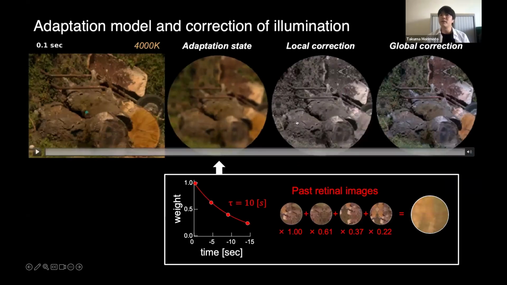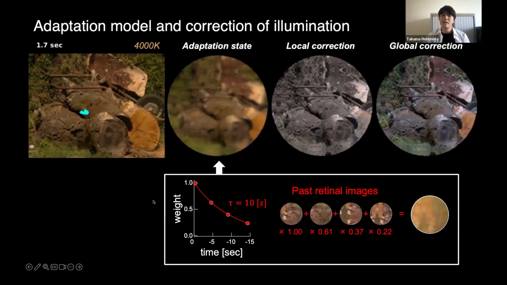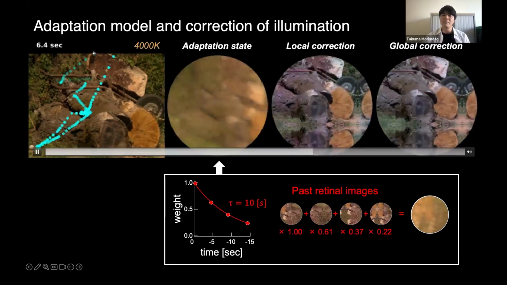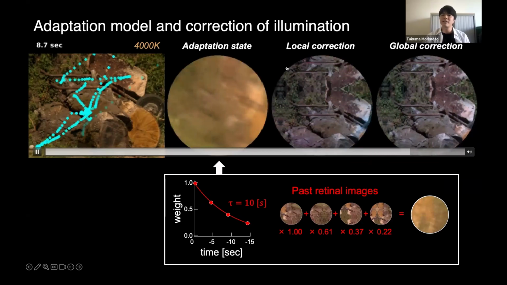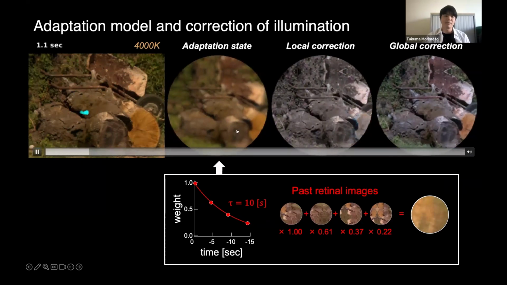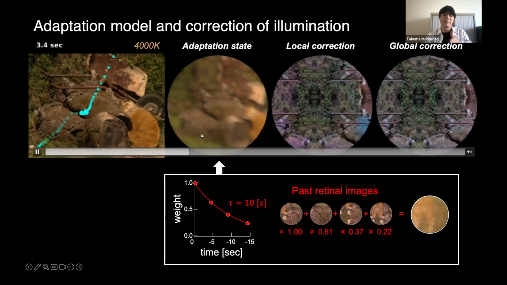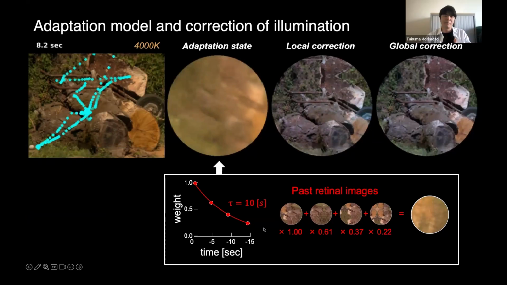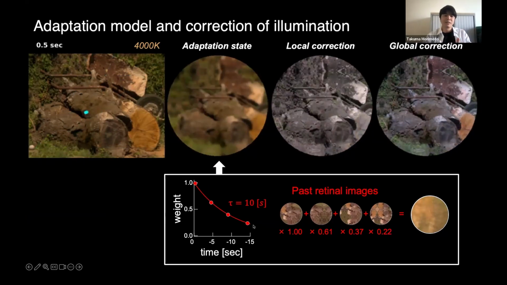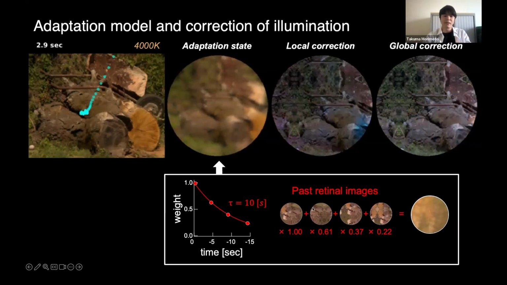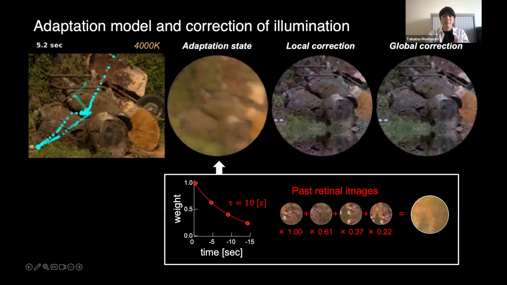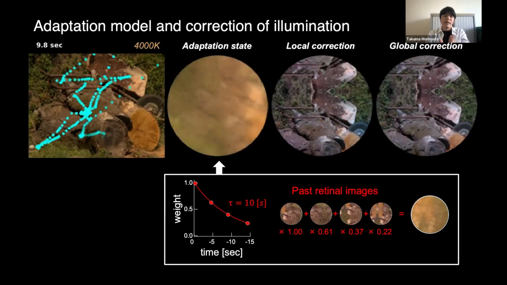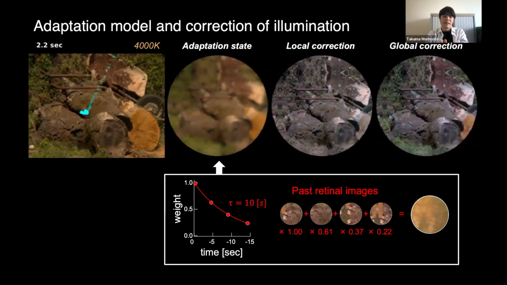And this is the adaptation model we used. According to the eye movement pattern, we are trying to estimate the adaptation state at any given time point during the measurement, using a very simple weighted sum of past retinal images. We assume that at any given time point, our retinal adaptation is basically the weighted sum of past retinal images.